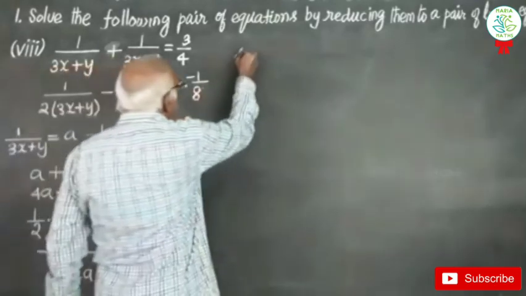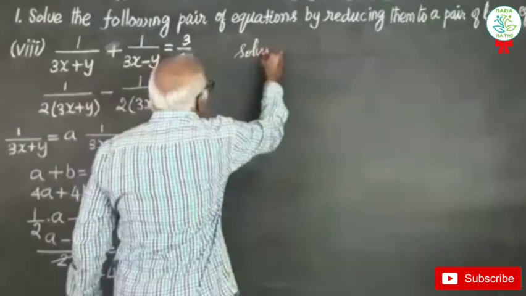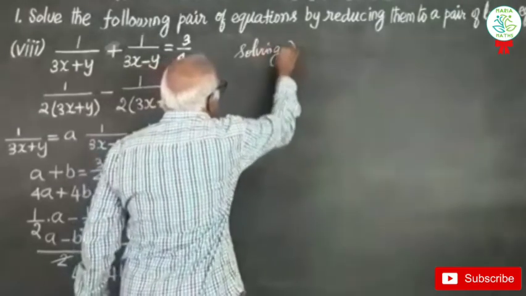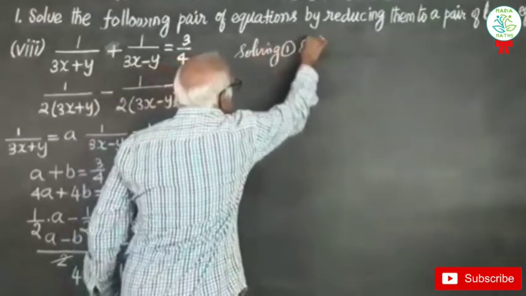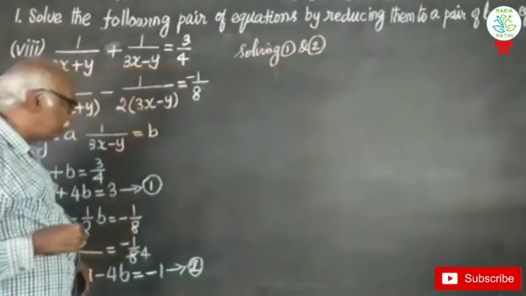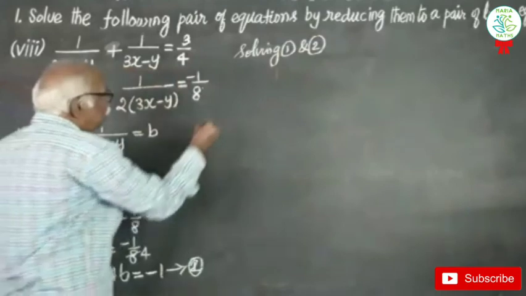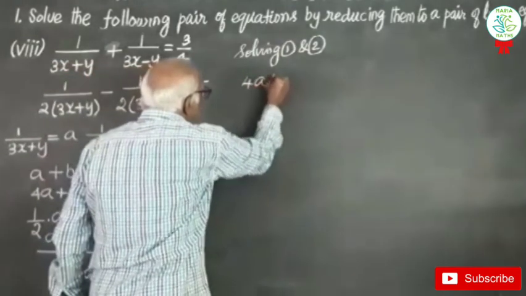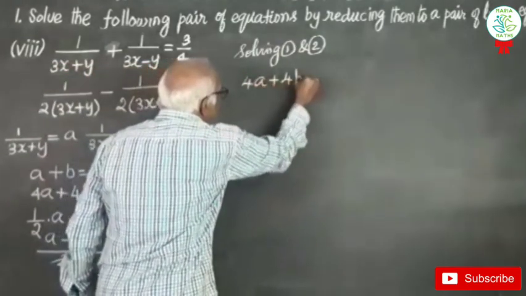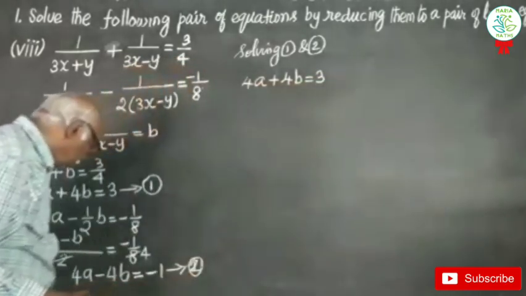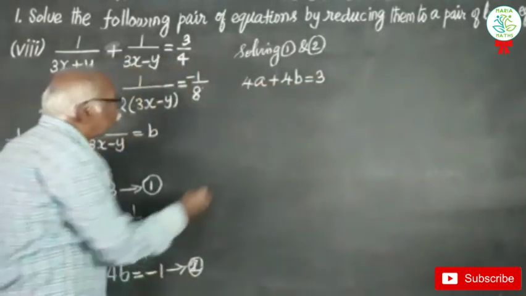Now solving equation 1 and equation 2. Equation 1 is 4a plus 4b equal to 3. Then 4a minus 4b equal to minus 1.